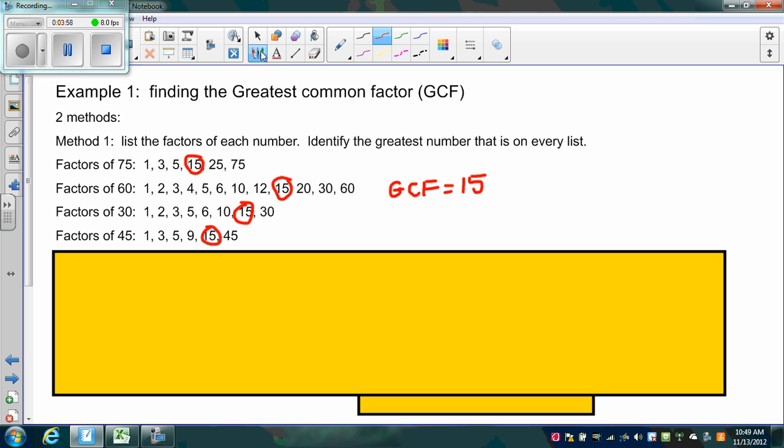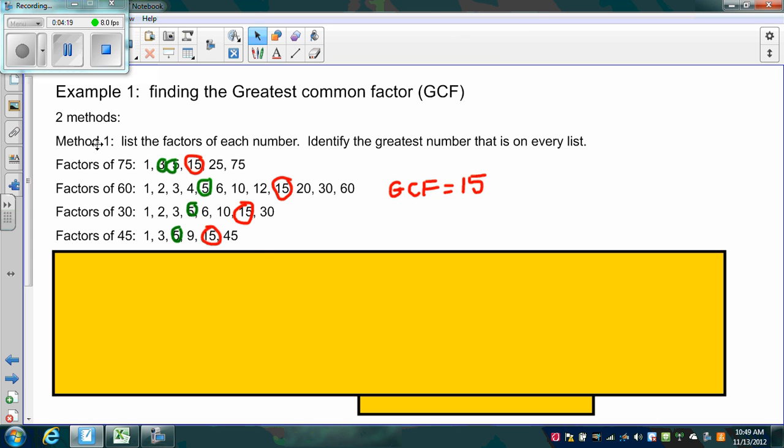Other ones that they have in common, which are common factors but not the greatest common factor, include 5, 3, and 1. I'm not going to circle them all. All of those are common factors, but the greatest one is 15.